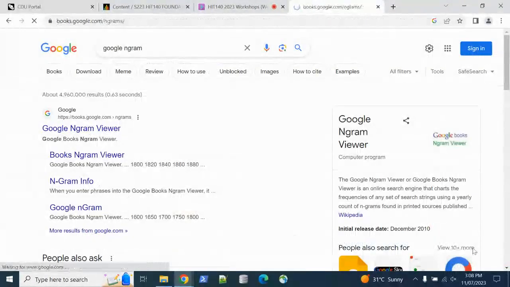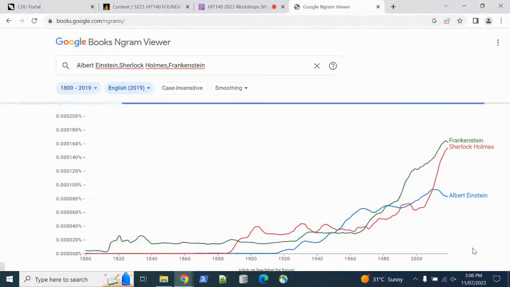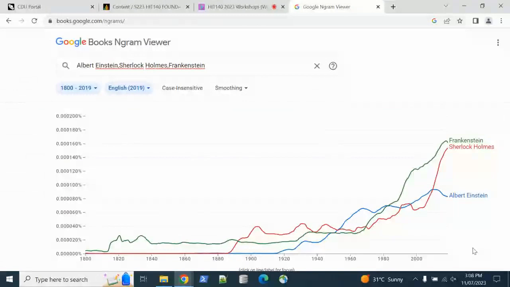Some of you might know Google Ngram. Google Ngram basically counts the frequency of words appearing in books, although it is represented in percentages rather than raw frequency. Google Books tries to digitize as many books in the world as possible.